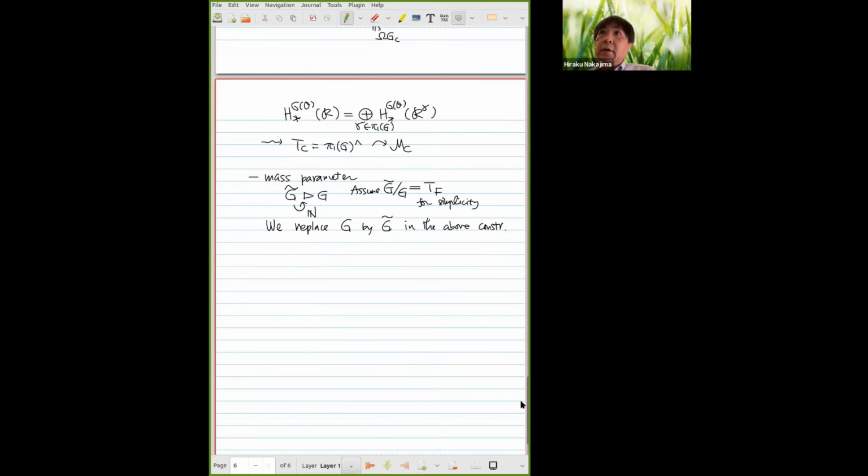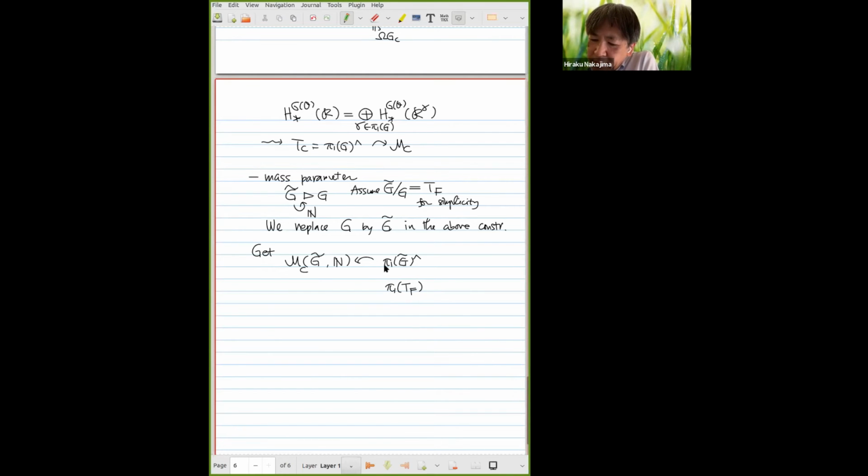So then you can have M of G tilde and the Coulomb branch of G, by applying this construction. Then you have the action of the Pontryagin dual of pi 1 of G tilde on this.